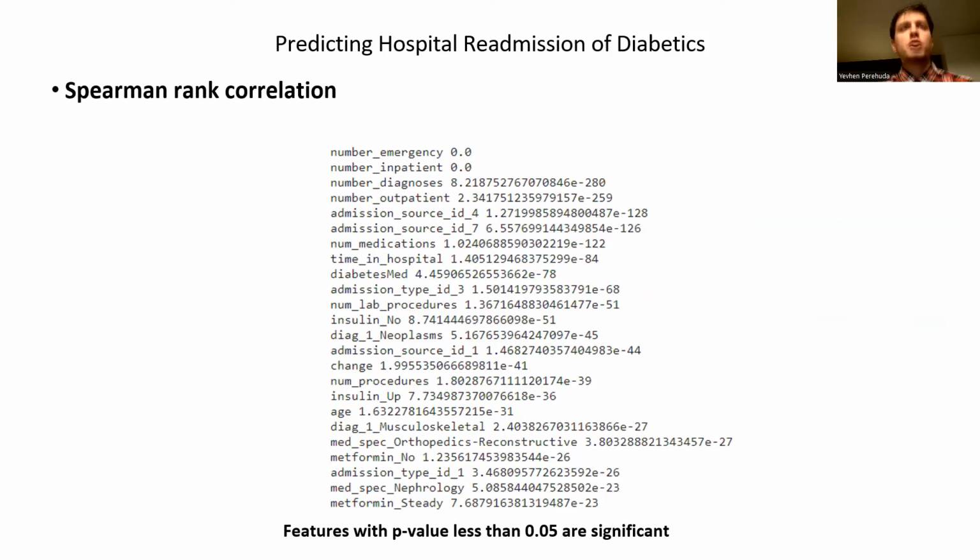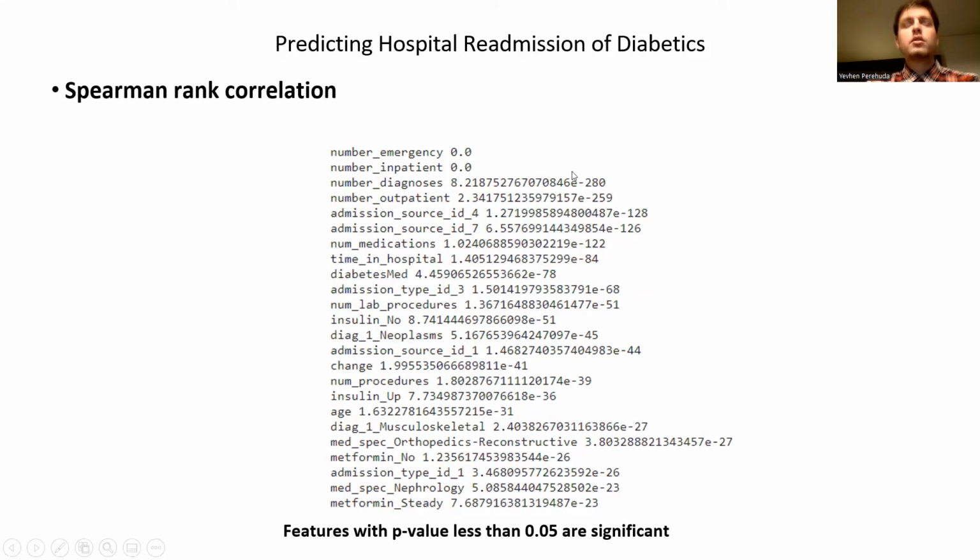After that we did a Spearman rank correlation, and this table shows the p-value of different features and their correlation with the readmitted value. Features with p-value less than 0.05 are significant, and we can see quite the same situation as before.